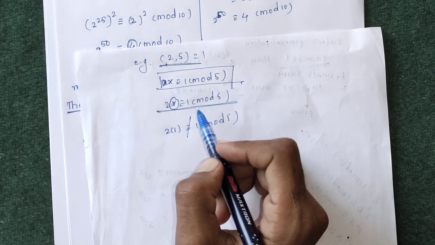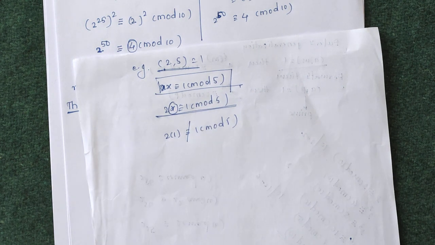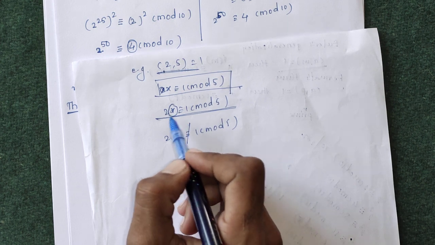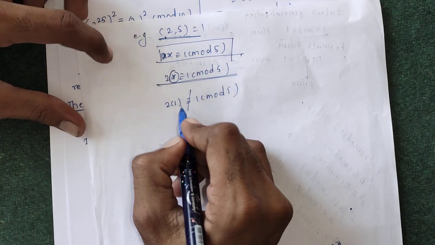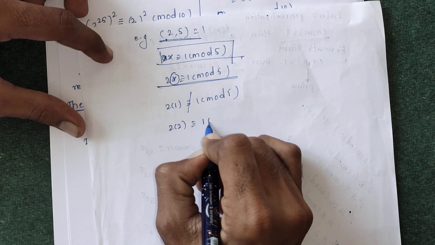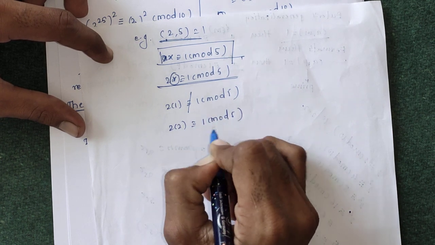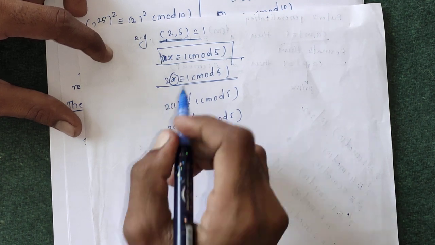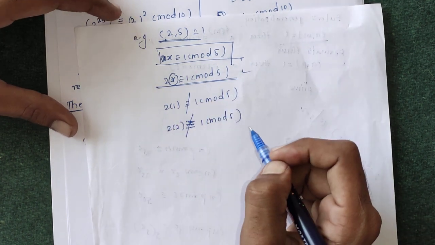That is, there must be some integer x which satisfies this congruence. If we take the value of x as 2, then 2 into 2 is 4 and 4 minus 1 is 3, but 5 doesn't divide 3, so this congruence is not possible, which means x is equal to 2 is not a solution of this congruence.